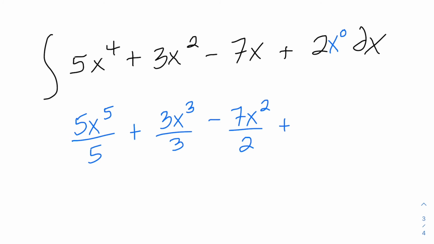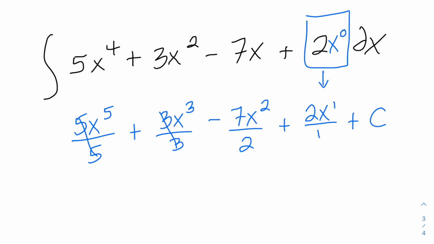And that sometimes when you're first learning how to take antiderivatives makes it a little bit easier to apply that same approach with power rules. So here we have 2x to the first divided by that exponent. And remember, what do we always do with an integral? At the end, we're going to write plus c for the possibility of there being a constant in that original function. So now let's take a look at how we can simplify this.